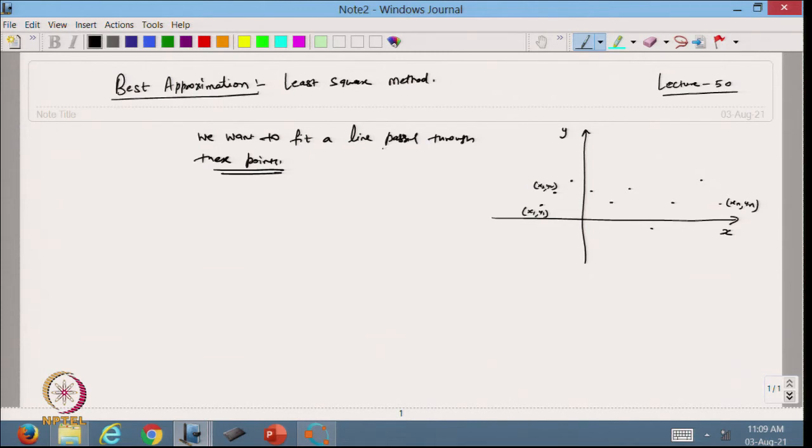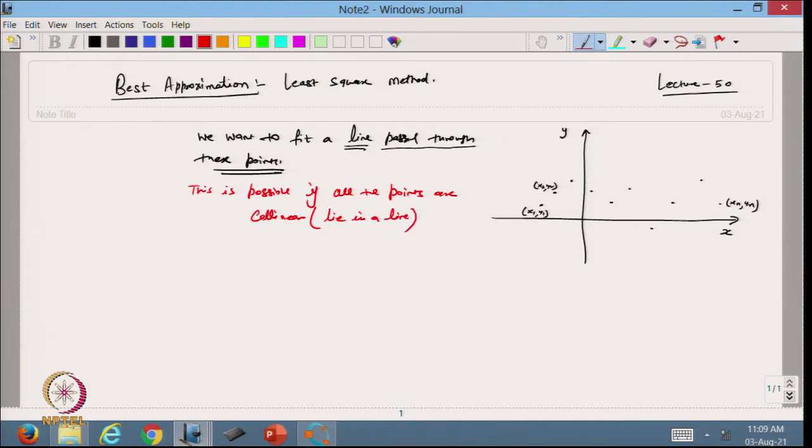I know that I can fit a line that is passing through all these points. This is possible if all the points are collinear, that is, all the points lie on a line.